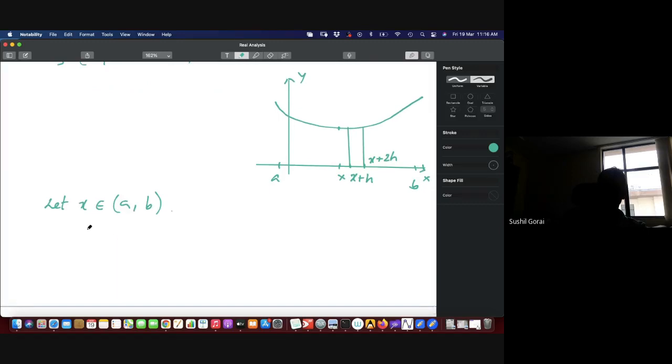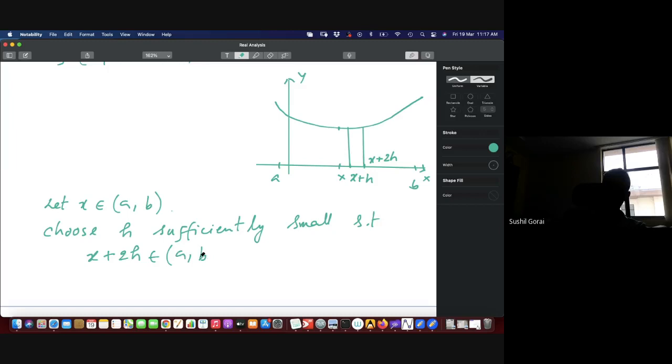Then choose h sufficiently small such that x plus 2h belongs to (a, b). Alright?